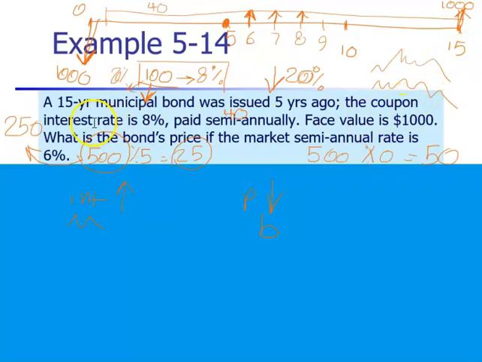And the face value, the municipality is absolutely committed to give you back $1,000 when it matures, to whoever is the owner of that bond. So now the market interest rate is annually 12% and they are paying semi-annually at 6%.